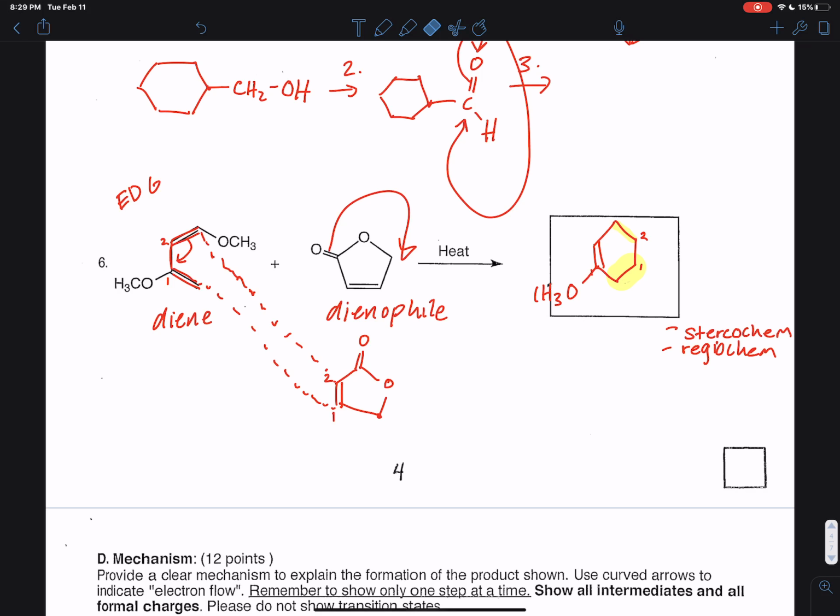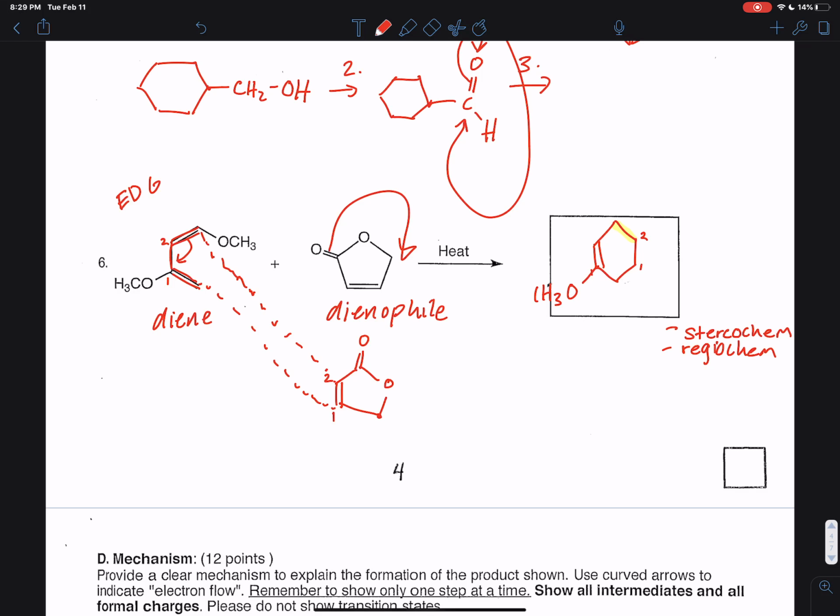Now we have to pay close attention to, firstly, where we are going to put that dienophile, the electron withdrawing group. If you were to count around the ring, it has to be 1, 2 or 1, 4, away from the donating group.